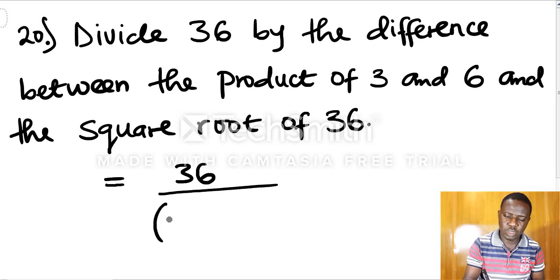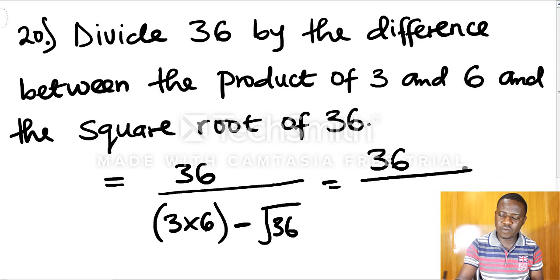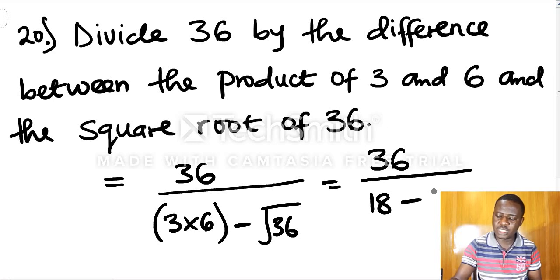So this is equal to 36 divided by 3 times 6, which is 18, minus the square root of 36, which is 6.